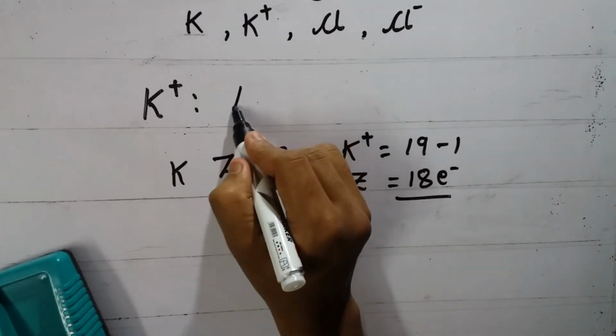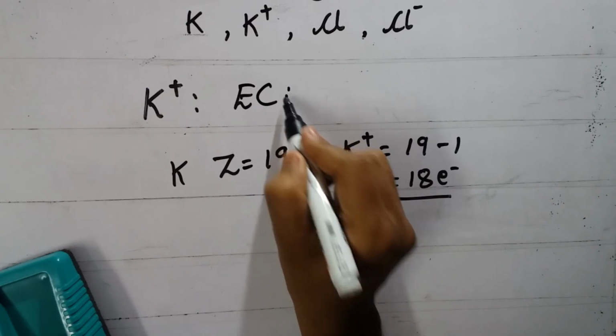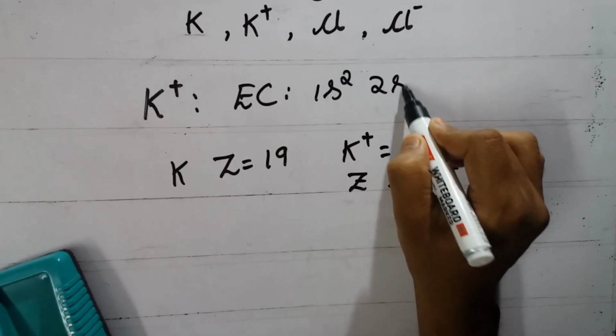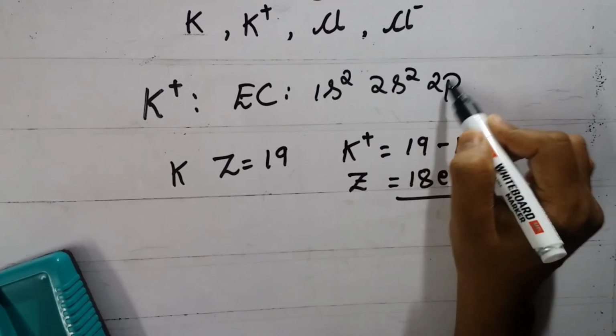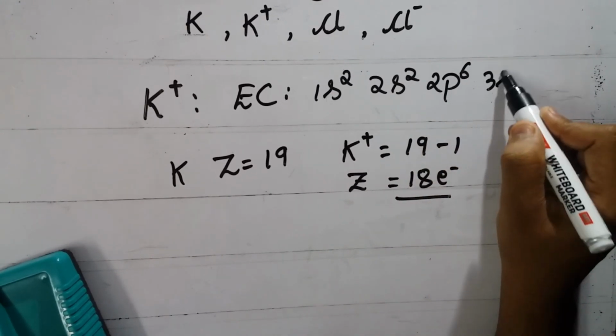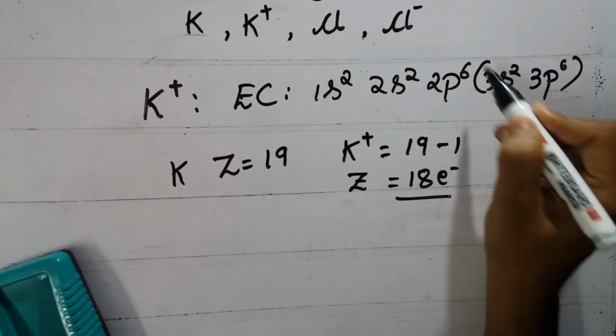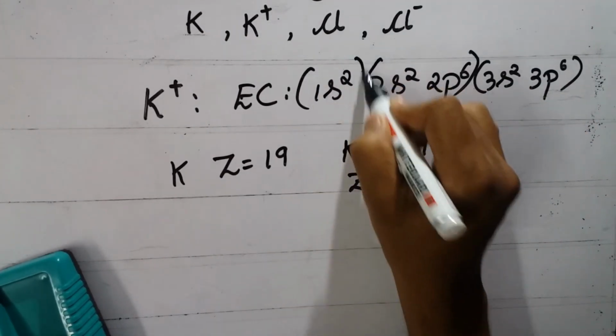If I write the electronic configuration, it would be 1s2, 2s2, 2p6, 3s2 and 3p6. This is the electronic configuration of K plus ion.